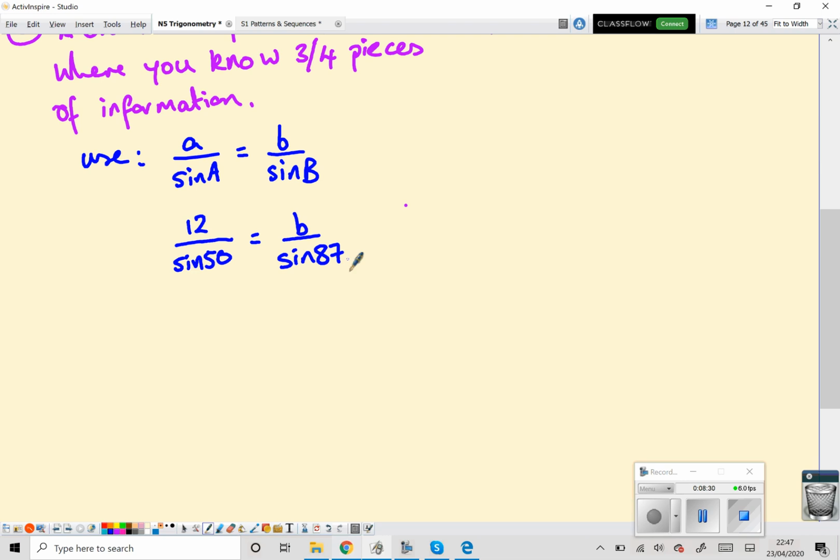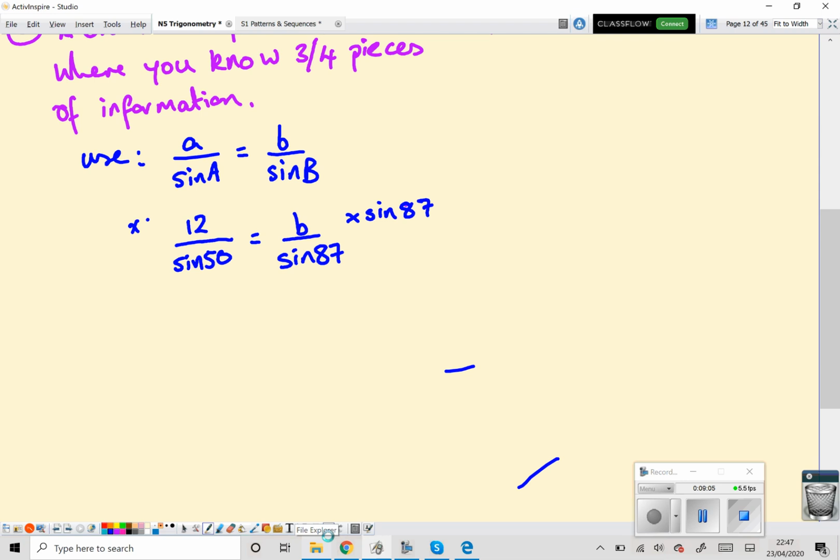Now, here comes the piece of algebra that helps you then solve this. If I want to just find out what B is, it's currently being divided by sine 87. So to unpick that, as if I'm changing the subject of the formula, what we're going to do is multiply the opposite side by sine 87. So in other words, we're going to multiply both sides by sine 87.